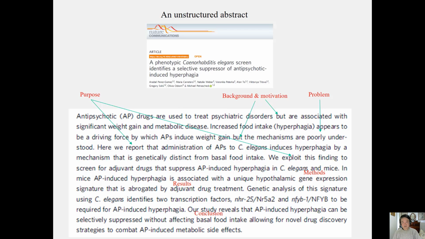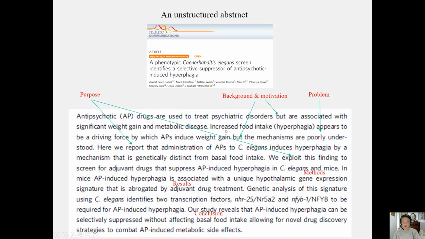Now you see the second sentence: increased food intake appears to be a driving force by which antipsychotic drugs induce weight gain, but the mechanisms are poorly understood. So the author again used the same technique.